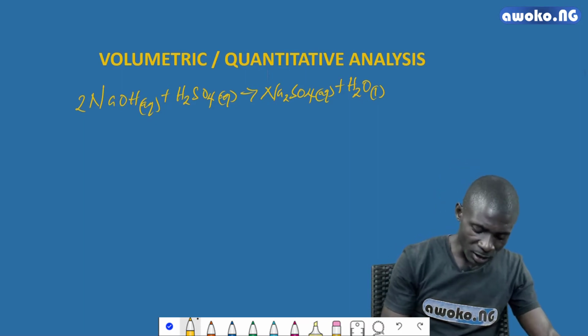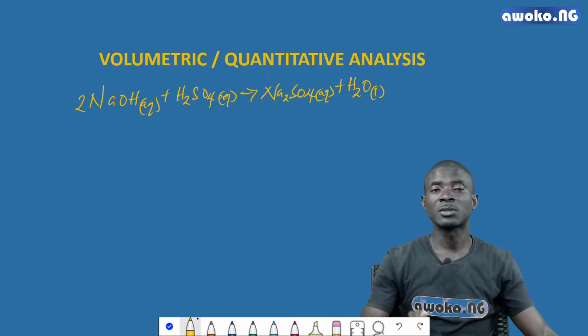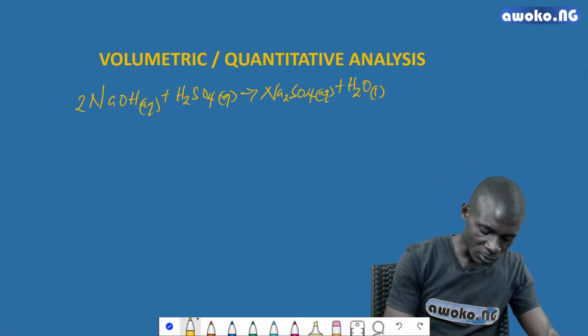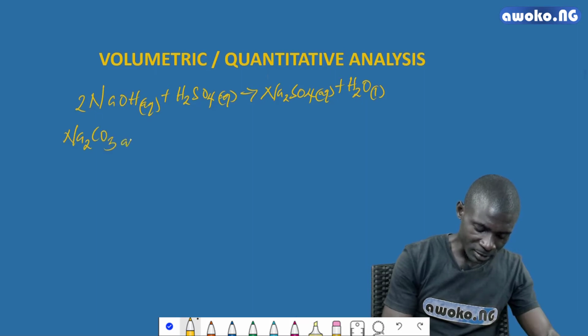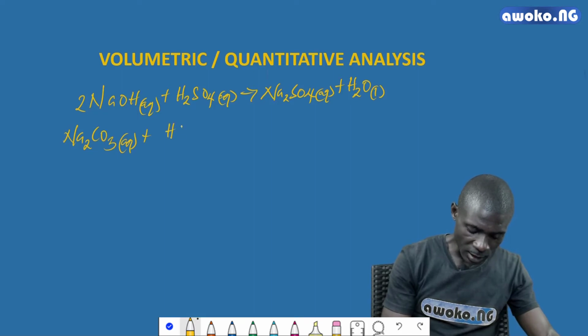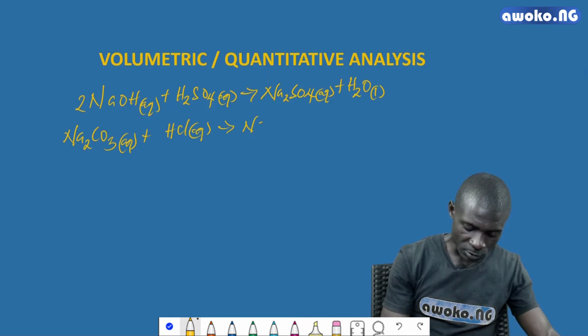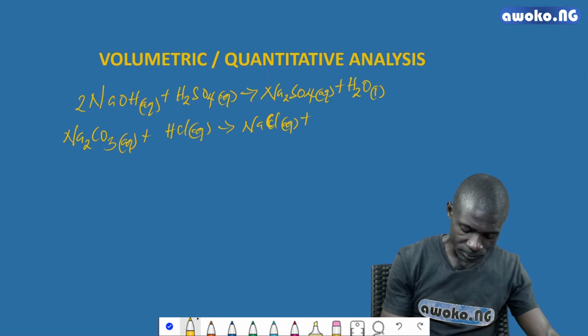We can also have a neutralization reaction where we produce carbon dioxide as one of the products. In that case, we can have sodium trioxocarbonate(IV) as our base or alkali, plus HCl, hydrochloric acid. This will give us sodium chloride, aqueous, plus CO2 gas plus H2O liquid.